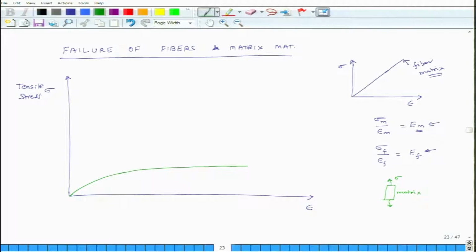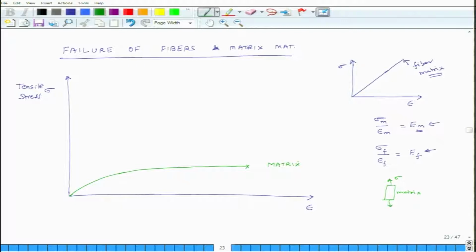As I increase the stress, the strain increases. Initially it increases somewhat linearly, and then it starts increasing very rapidly, and then it becomes flat, and after a certain point the matrix breaks. This x represents the point where the matrix breaks. This is the stress strain curve for matrix.